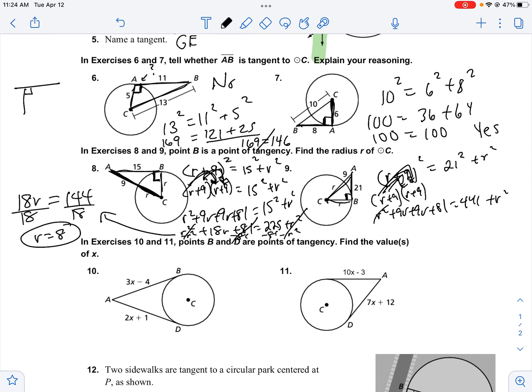All right, we know these cancel, and I can subtract 81. 18r equals 441 minus 81, which is 360, and then we can divide by 18. So r is 360 divided by 18, which is 20.